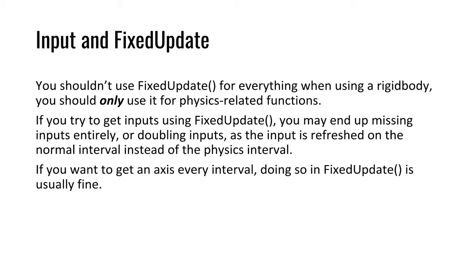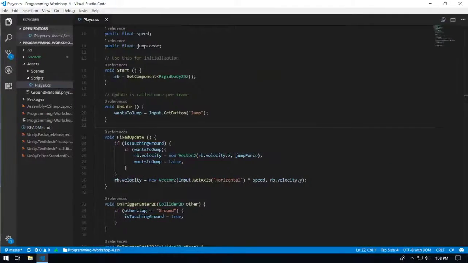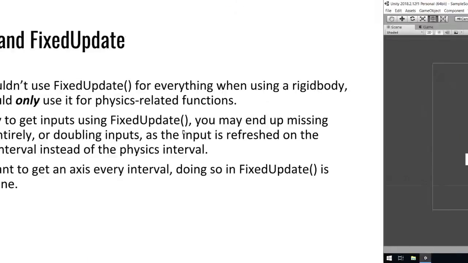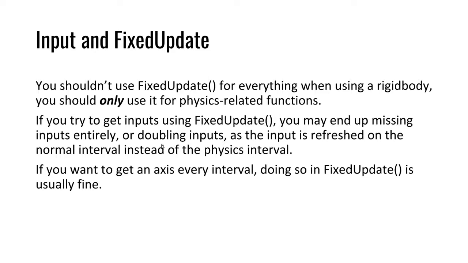As you saw, I'm doing my input checking for the player wanting to jump inside of update. The reason for that is the same reason we want FixedUpdate in the first place: your input updates every time your behavior updates. It's on the same interval, but FixedUpdate isn't on that interval. So if you are checking for input inside of FixedUpdate, you're not going to be synchronized to your input.